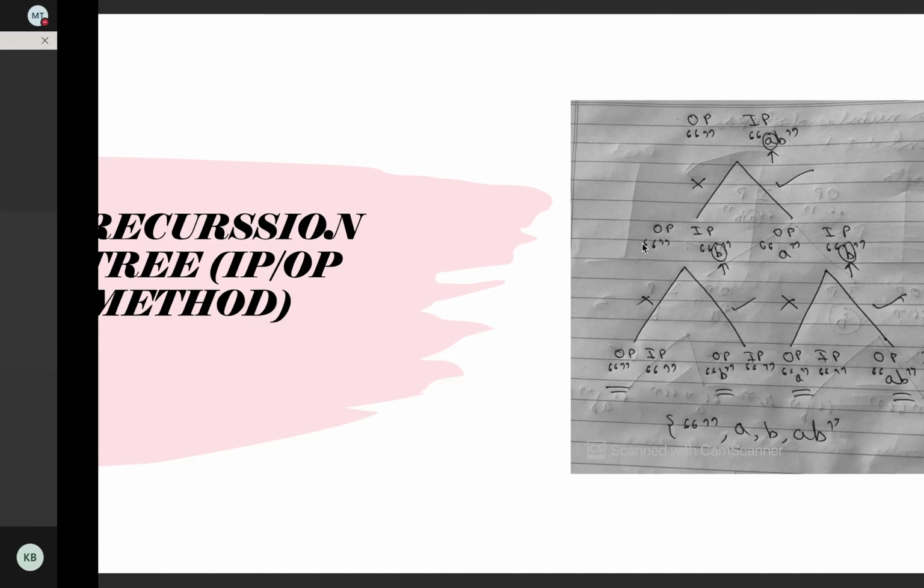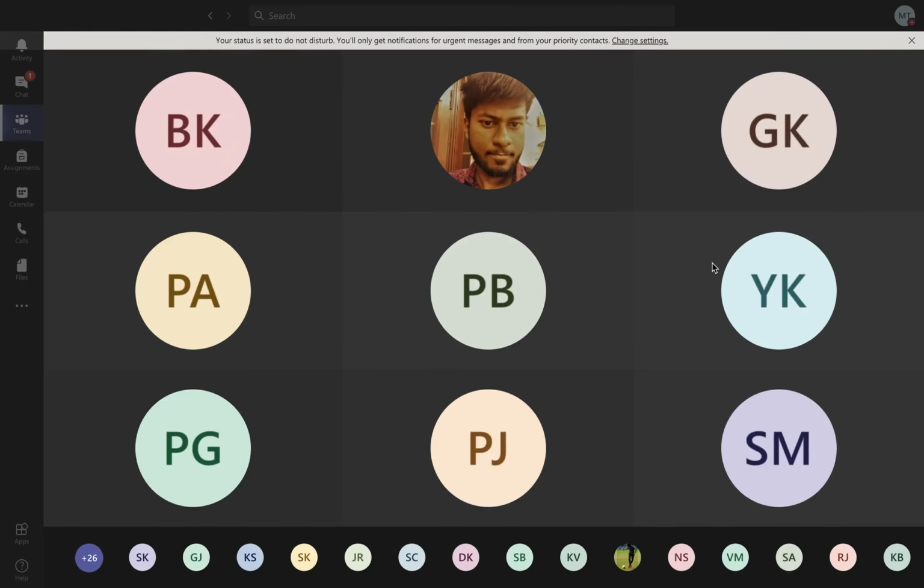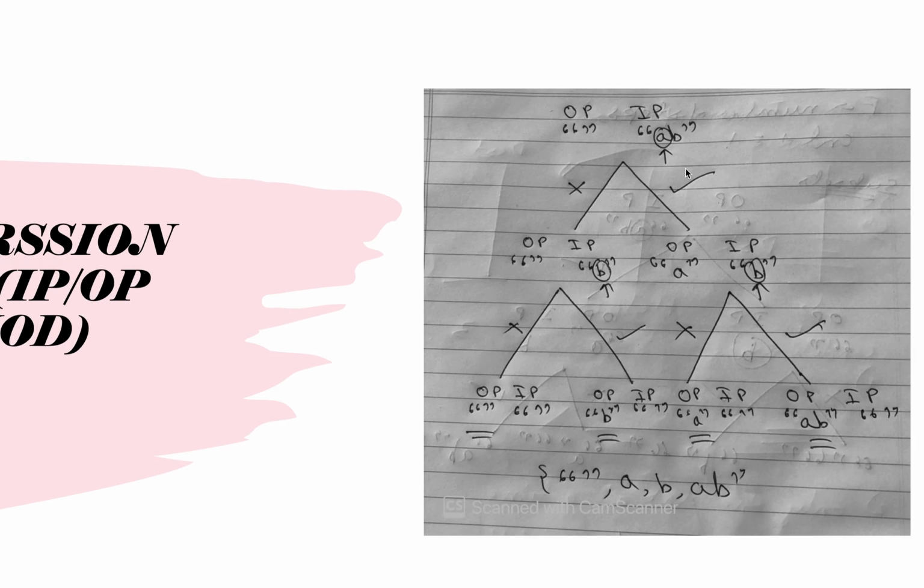Now what we are essentially doing is making two different outputs out of this one output, after which we continue our analysis. Going from an empty string, your output went to an empty string and an A. Similarly, from an empty string, it went to an empty string and a B here, and from an A, it went to an A and an AB here.